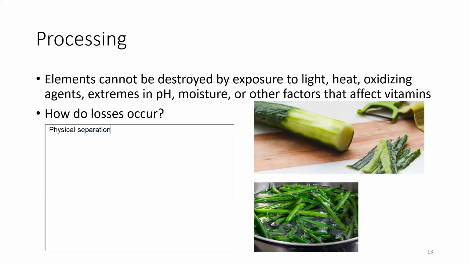So physical separation. And then the second one that we might lose is down there, just leaching. So if these are water soluble in some cases, they can leach into that blanching water or cooking water. And then if we don't drink or eat the water in a soup or something, then we don't get those nutrients.